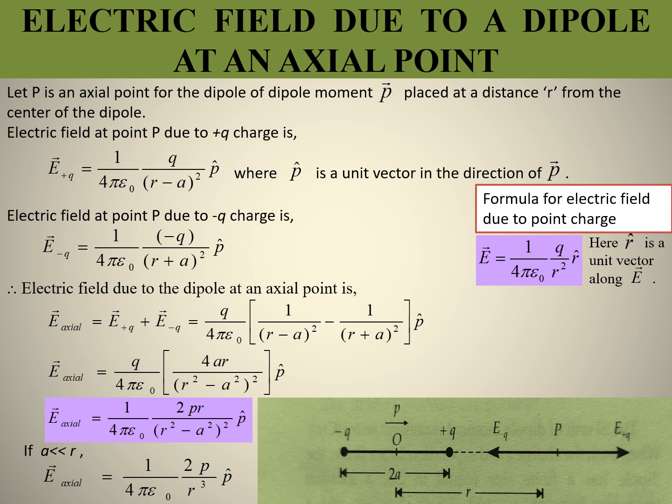Similarly, the electric field at point P due to the minus q charge is given by 1 by 4 pi epsilon naught into minus q by (r plus a) whole square into p cap.